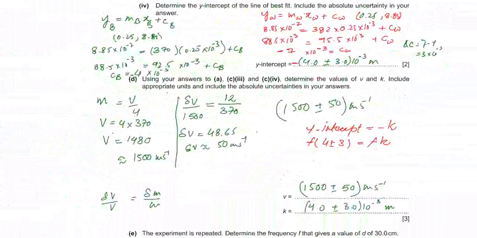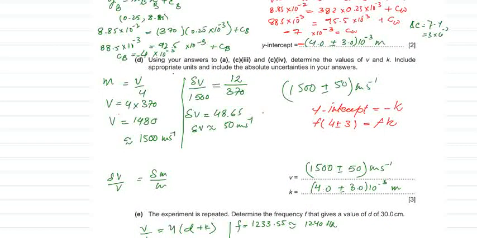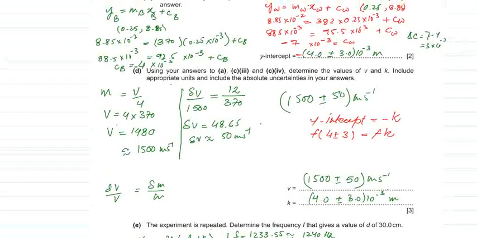So delta v we got 48.65, which is approximately 50 meter per second. So our v will be 1500 plus minus 50 meter per second. And the y-intercept we know is k. So k will be 4 plus minus 3 times 10 power minus 3.